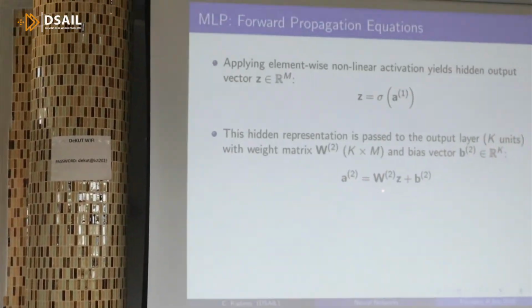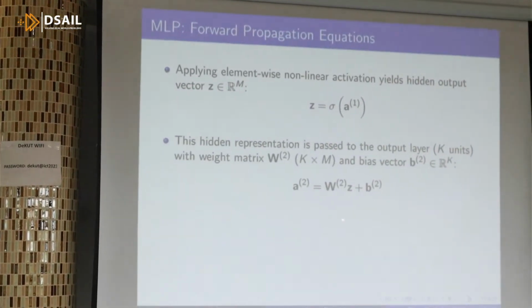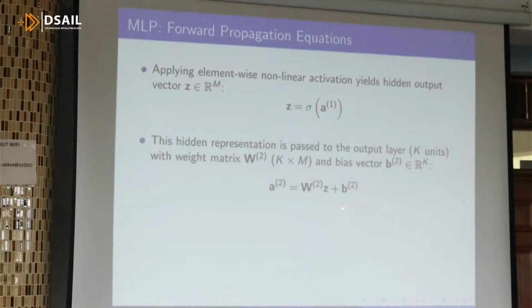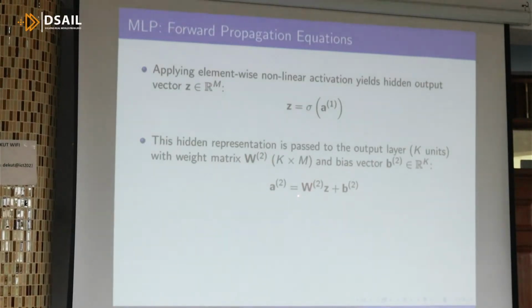But in the end, you can always represent this as a linear operation, which is W2, in this case the weight matrix, and bias vector B2, because you have more biases for every layer that you create. So A is a pre-activation for every layer, and Z is a post-activation for every layer.